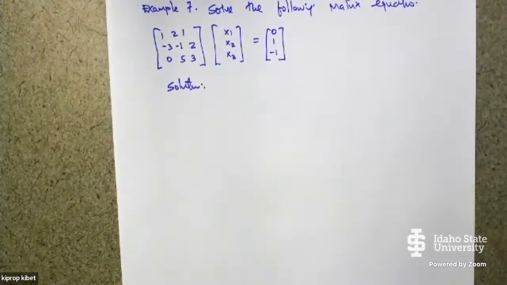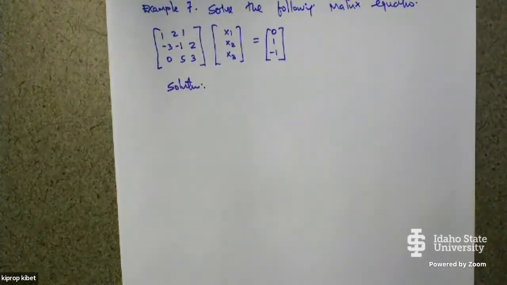Using the previous method, we write this in matrix form, and then we reduce the matrix completely to row echelon form.